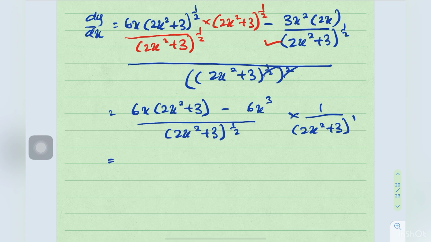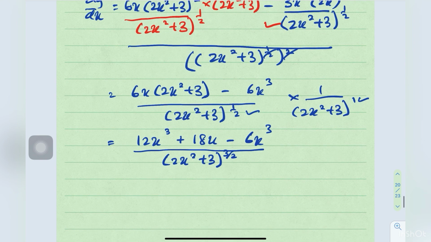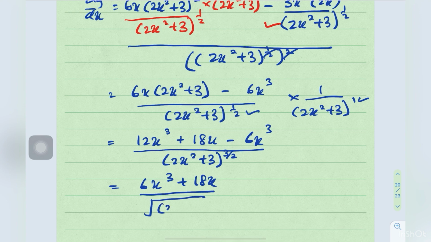Okay, so we expand: 12x cubed plus 18x minus 6x cubed over, this one the powers we add, (2x squared plus 3) to the power of 3/2. Okay, 12 minus 6 is 6x cubed plus 18x over the square root of (2x squared plus 3) cubed.